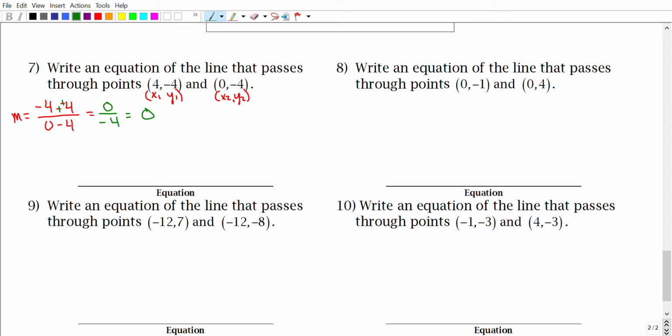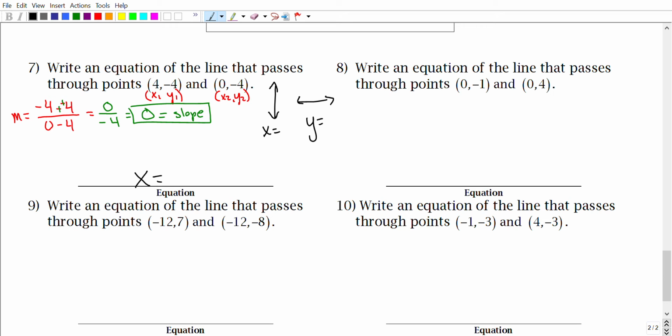Okay, so what did I just say? If m is 0, then my slope is 0. Well, again, which type of line has slope 0? Is it the vertical line that has x equals, or the horizontal line that starts with y equals? You look back at the top of your page, again, you'll remember that the one that has a slope that is undefined is the vertical line, and hence it must start with x equals.